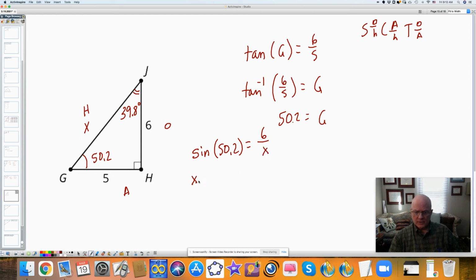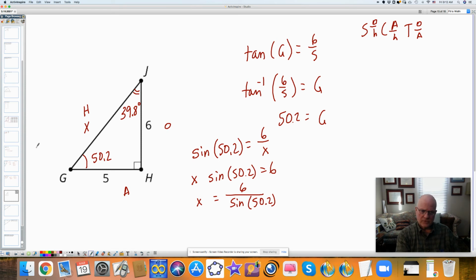Cross multiply, you get x times the sine of 50.2 is equal to 6. Divide both sides by the sine of 50.2 to get 6 divided by the sine of 50.2 to find this missing hypotenuse.